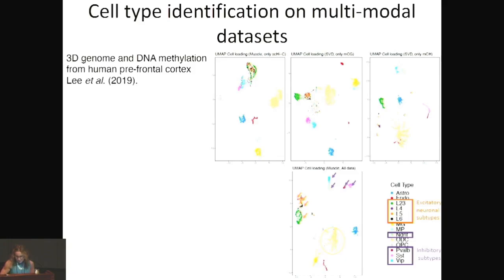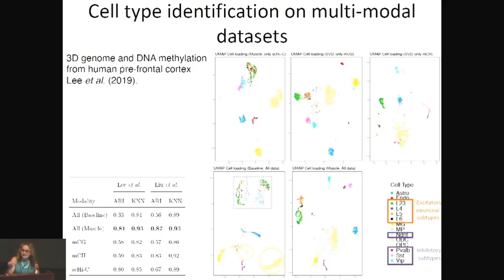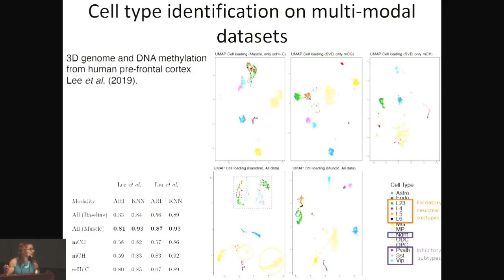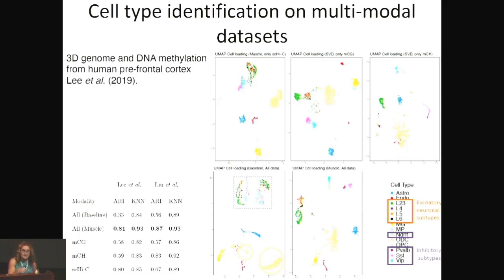So we compared this with a baseline approach where you can either flatten out the tensor and treat it as a matrix, apply dimension reduction, and then combine it with the methylation component, or you can apply one of the existing methods on the scHiC component so that you are learning the lower dimensional structure in a way that respects the data structure and then combine the resulting loadings.